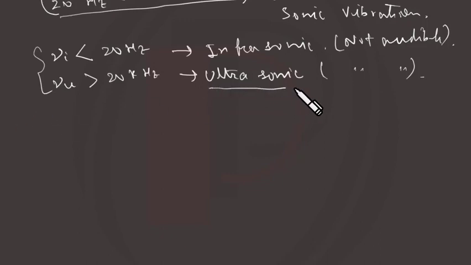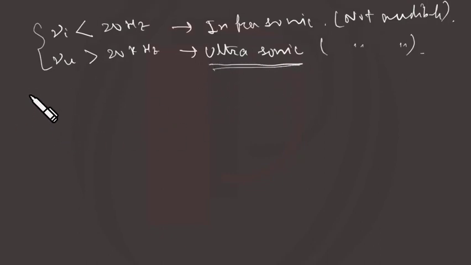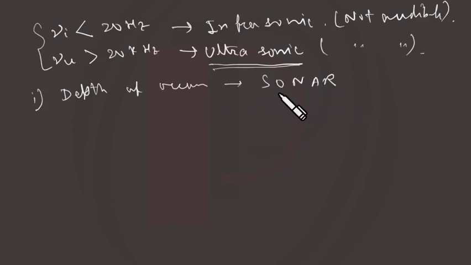From the name itself you can recognize the use, right? For example, what are the uses? There are a few uses that humans apply. Ultrasonic vibrations are used to find the depth of the sea or ocean, or height of the aeroplanes, in a device called sonar, sound navigation and ranging.